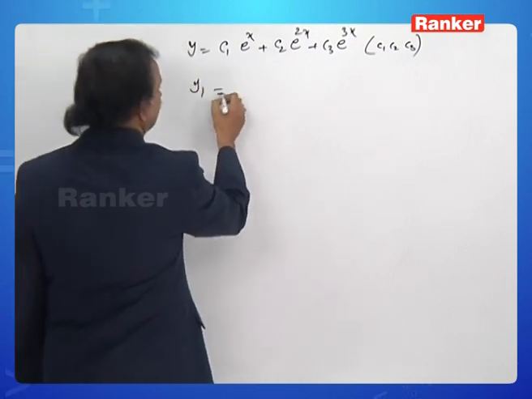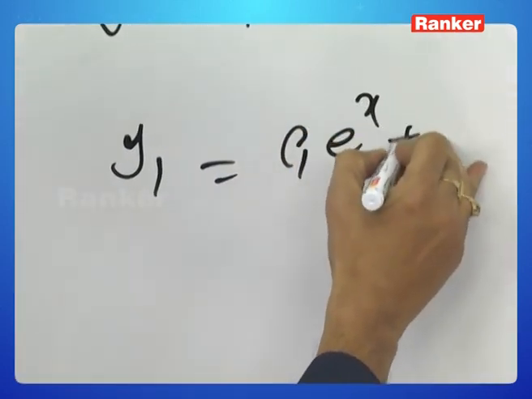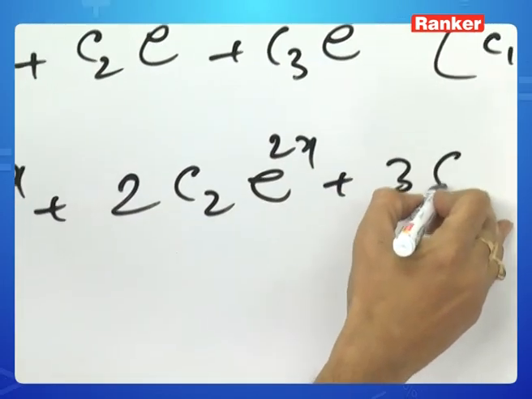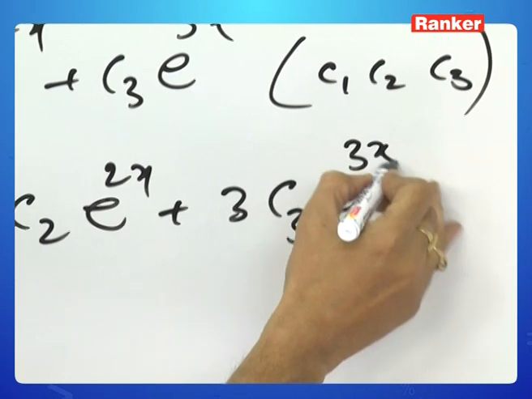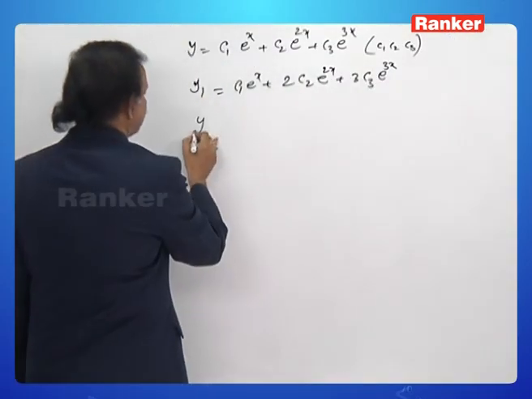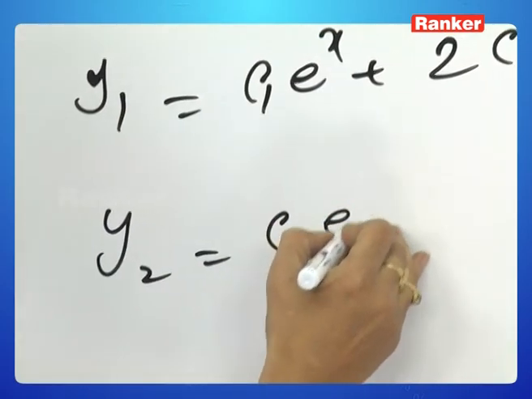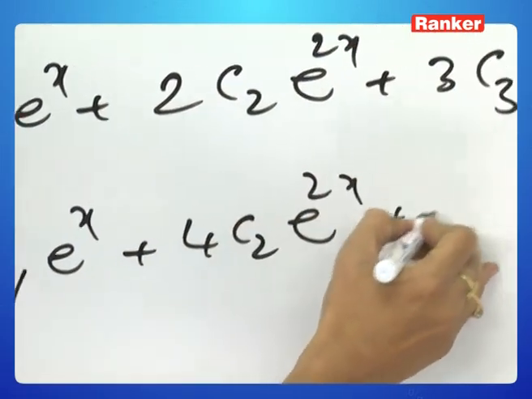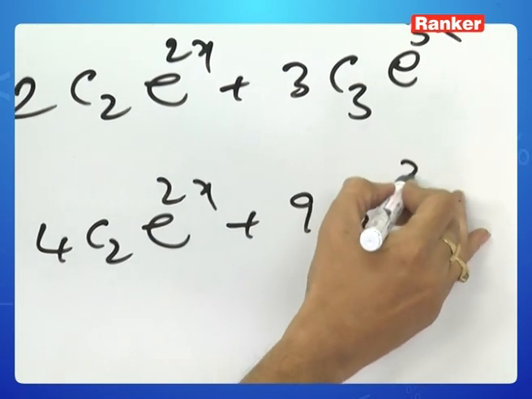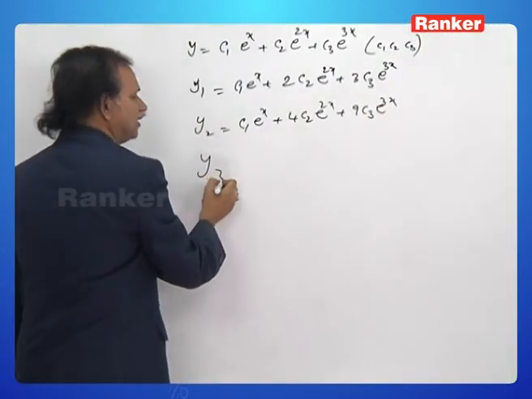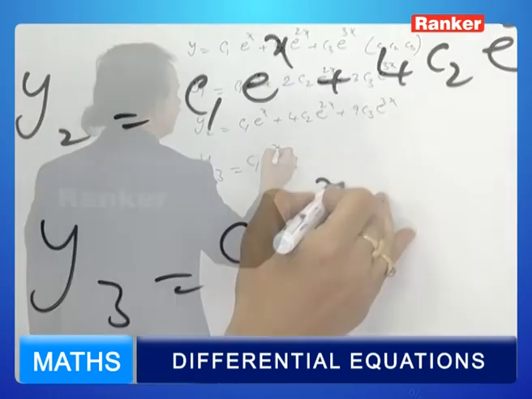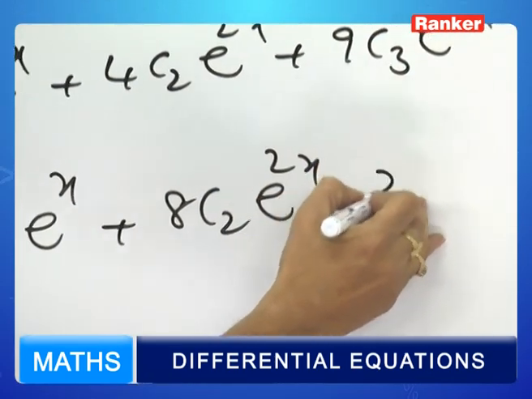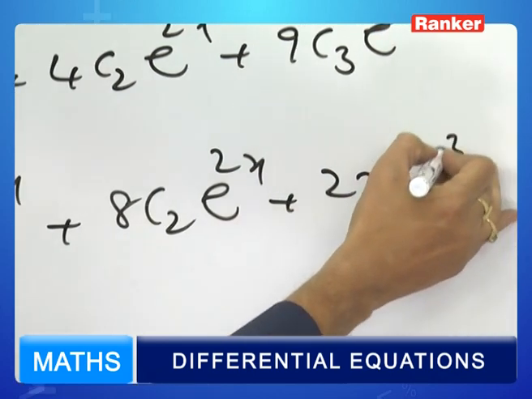y1 is equal to c1 e power x plus 2c2 e power 2x plus 3c3 e power 3x. Again, y2 is equal to c1 e power x plus 4c2 e power 2x plus 9c3 e power 3x. Again, y3 is equal to c1 e power x plus 8c2 e power 2x plus 27c3 e power 3x.